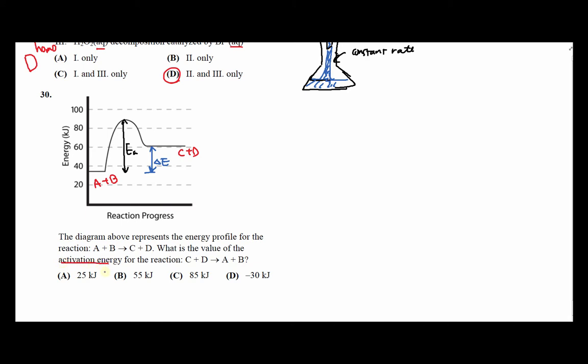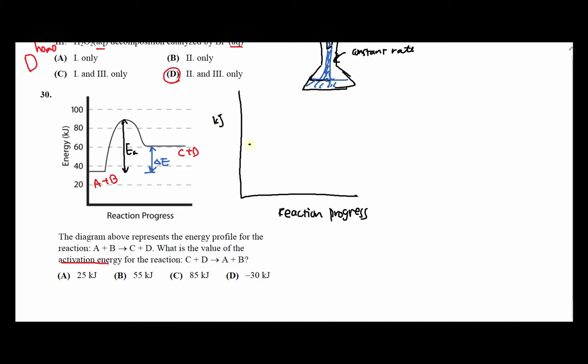However, we have a reverse equation, so let me draw the appropriate energy profile. Okay. Again, we have reaction progress on the horizontal, and then we have kilojoules of energy.